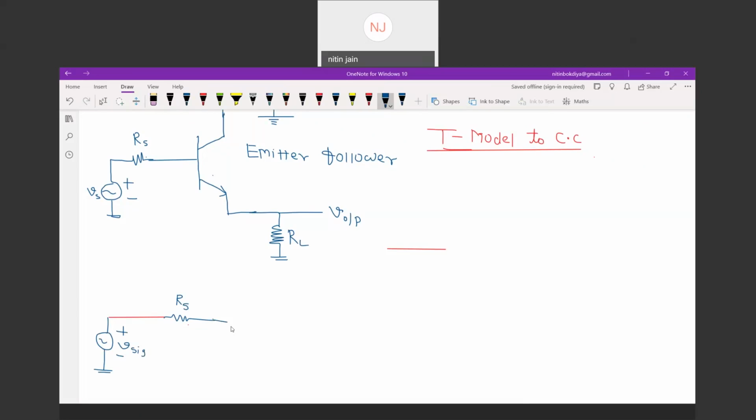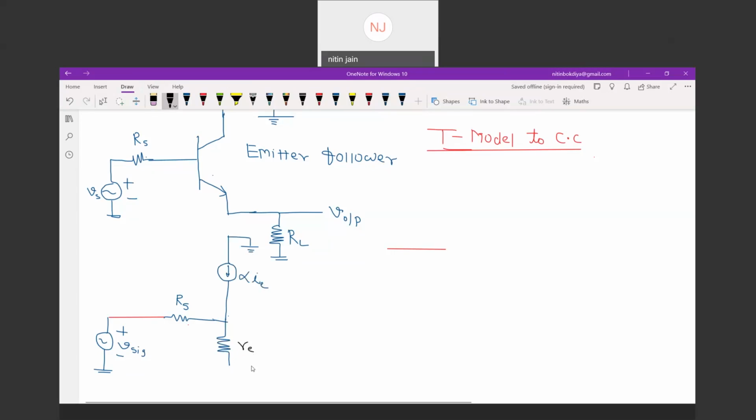Then we are having one dependent source. So I make one, alpha into IE, and this is connected to ground. Then I make one RE. So you can say this is my small signal resistance RE.